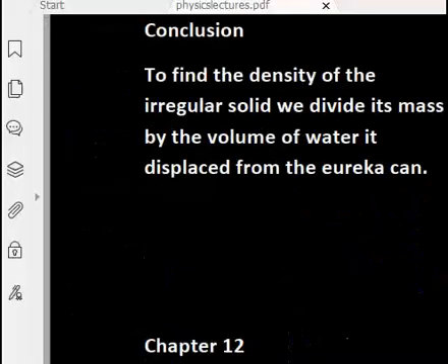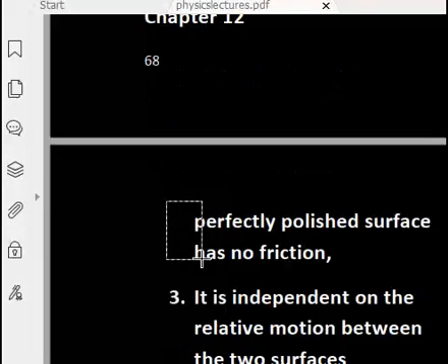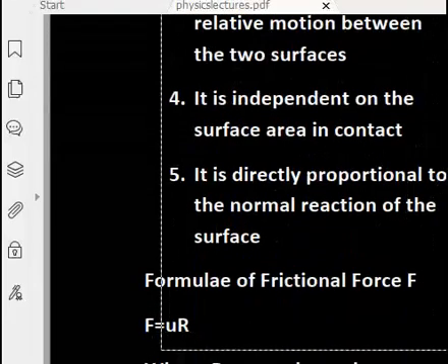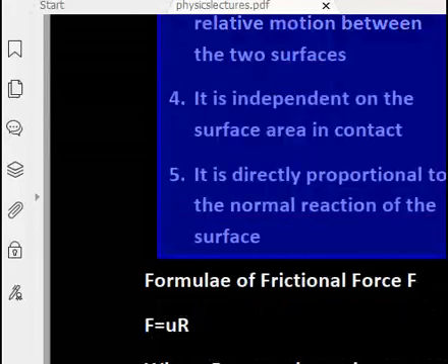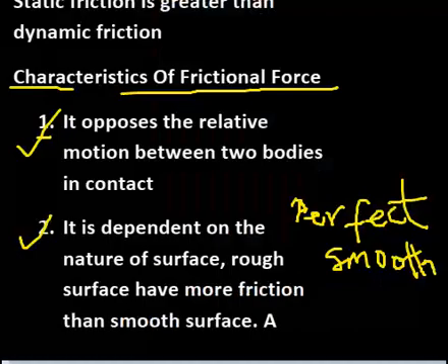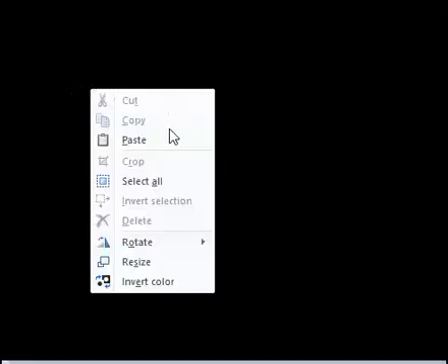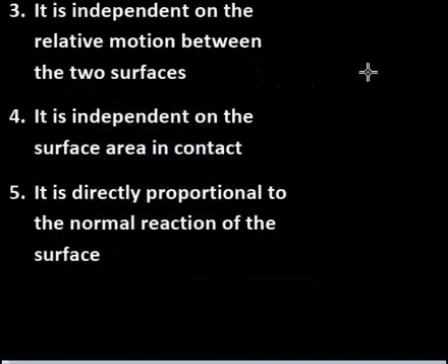Let's get more characteristics. Let me start from number three. Number three: it is independent of the relative motion between the two surfaces.